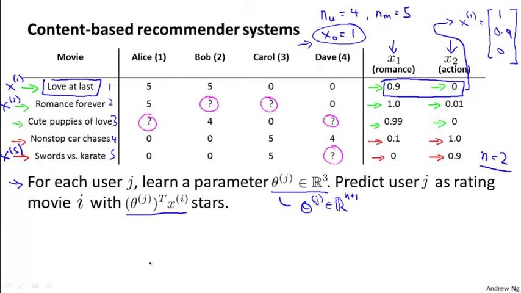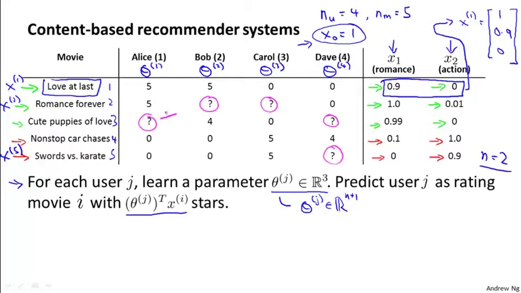So let's take a specific example. Let's take user 1. So that would be Alice, and associated with Alice would be some parameter vector theta 1. And our second user, Bob, will be associated with a different parameter vector theta 2. Carol will be associated with a different parameter vector theta 3, and Dave a different parameter vector theta 4.